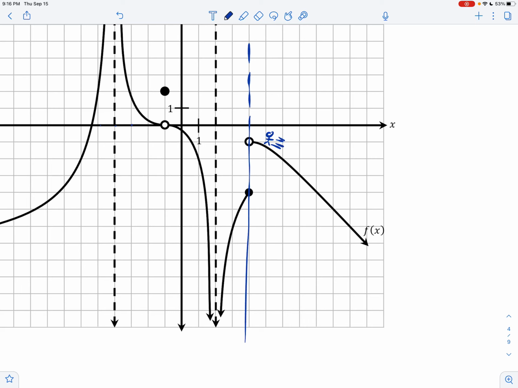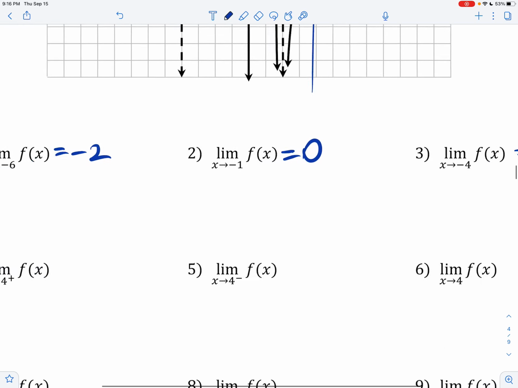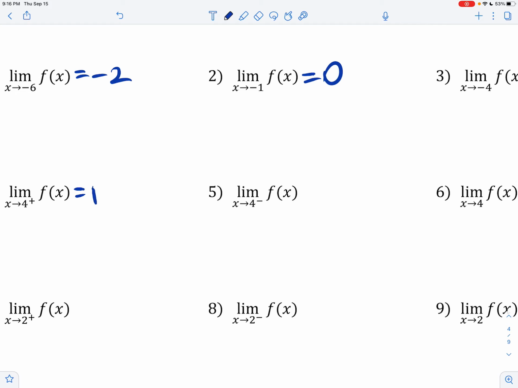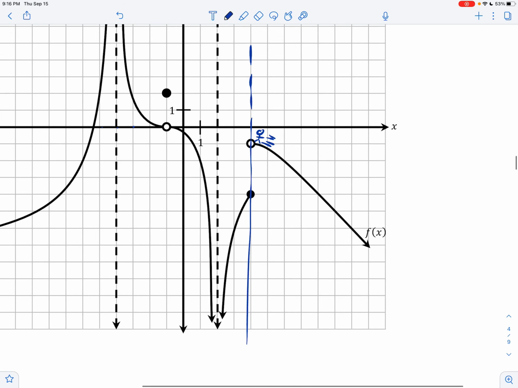That person is getting closer and closer to a y value of 1. 4 from the left side, on the other hand, might be different because, again, here's 4, here's left of 4, and there's someone on that curve left of 4, walking on in. And they're getting closer and closer to a y value of -4.